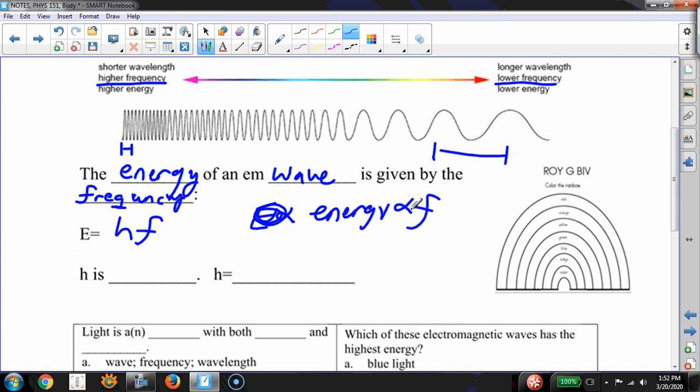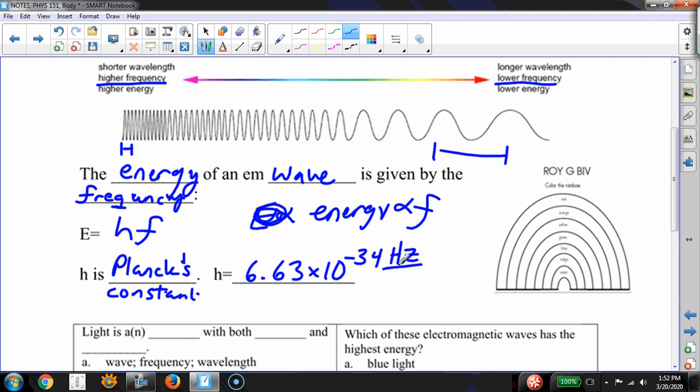The energy is proportional to the frequency, and here h is a constant, Planck's constant, which has a value of 6.63 times 10 to the minus 34. And what are its units? Hertz per joule. No, I'm sorry, joule per hertz, or joule seconds.